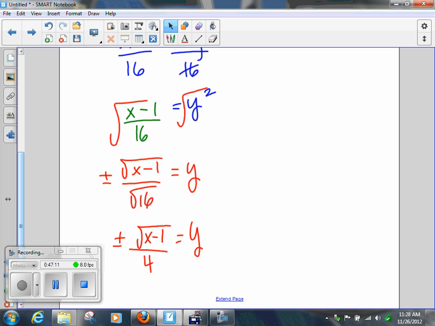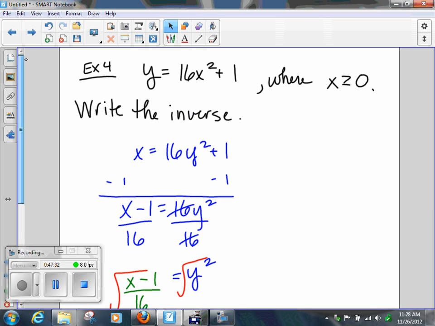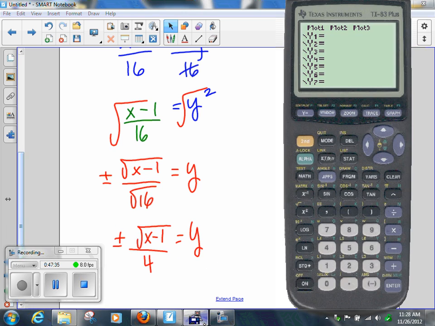Now, let's put this in our calculator. Clear this thing out. I'm going to clear out my x. And our original function is 16x squared plus 1. Y'all cool with that?